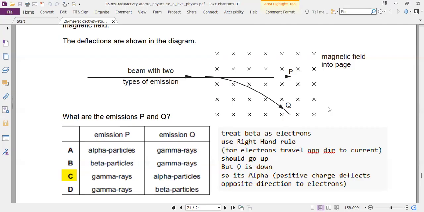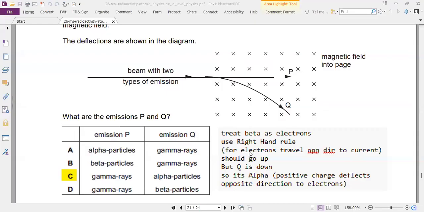Electrons travel opposite direction to the current, so the electrons should go up. Why should electrons go up? Because when we use the right hand rule, place our hand into the paper and place our thumb into the direction where the thing is coming.